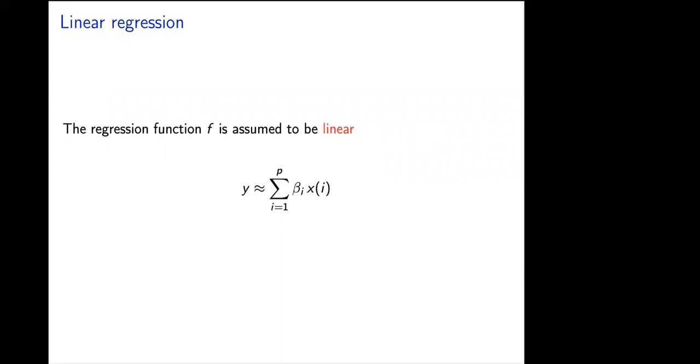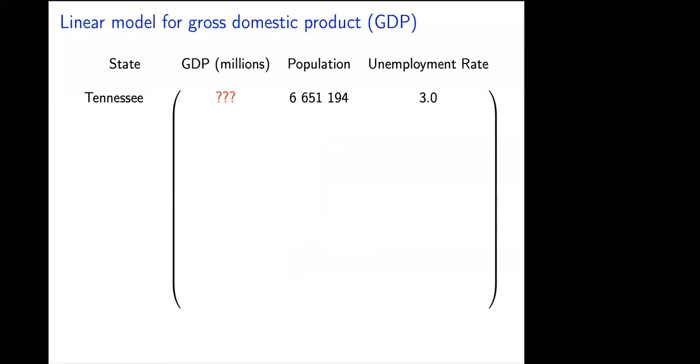Okay, first we're going to start with linear regression because linear functions are very easy to talk about. So you want to estimate these coefficients beta from the training data that you're given. An example that you might use for linear regression is trying to estimate the GDP of a country from population and the unemployment rate in the country.